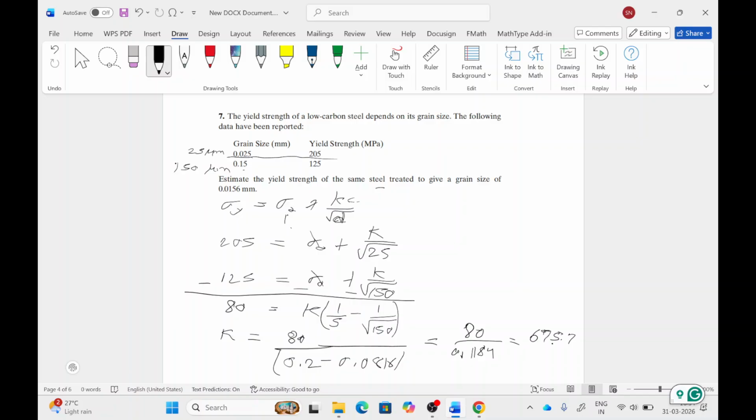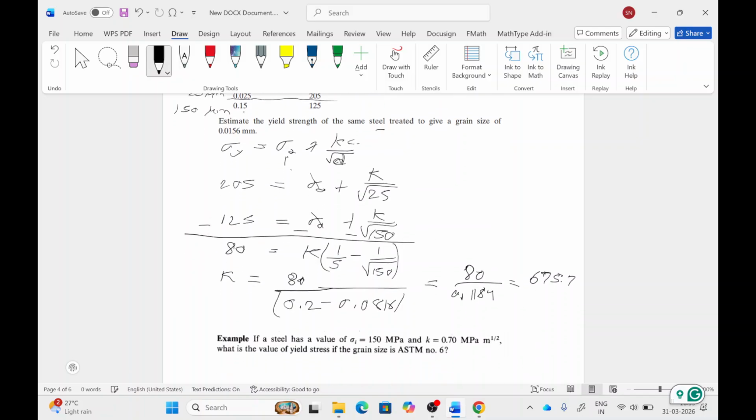The unit for this will be MPa divided by root micrometer.